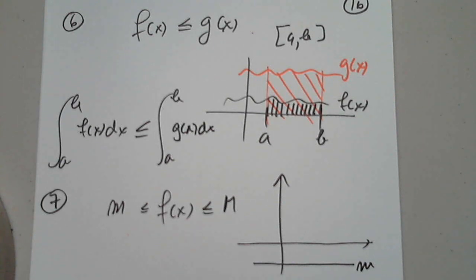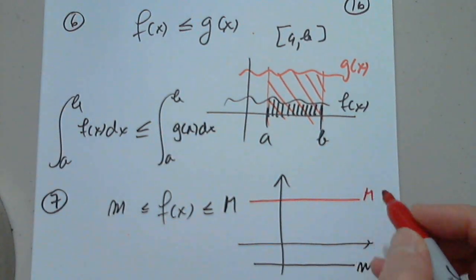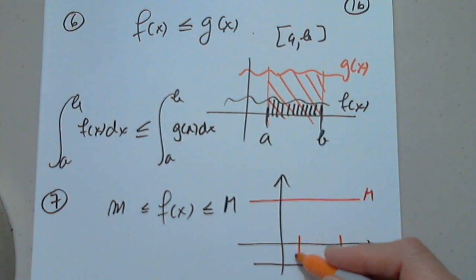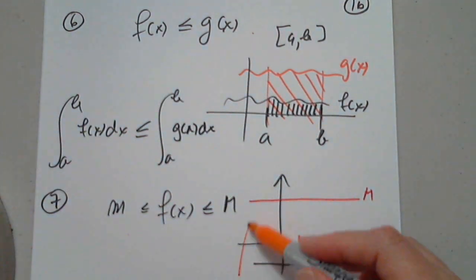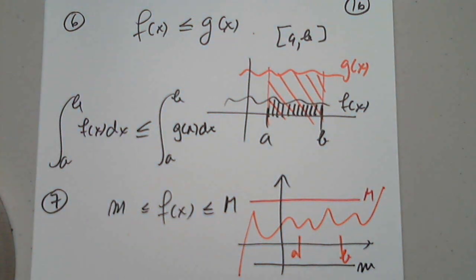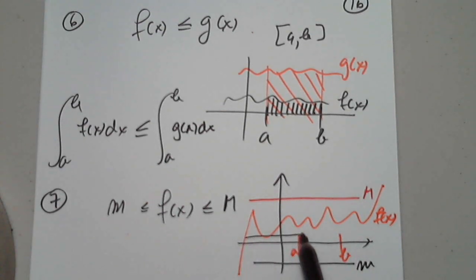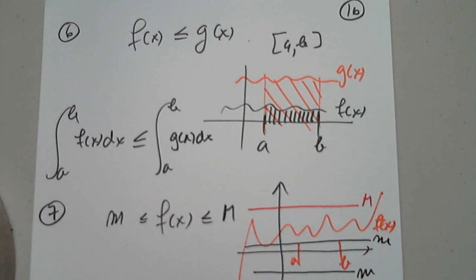Let's say this is m, and let's say this is the function on the interval a comma b. Maybe I should present an m that is positive.